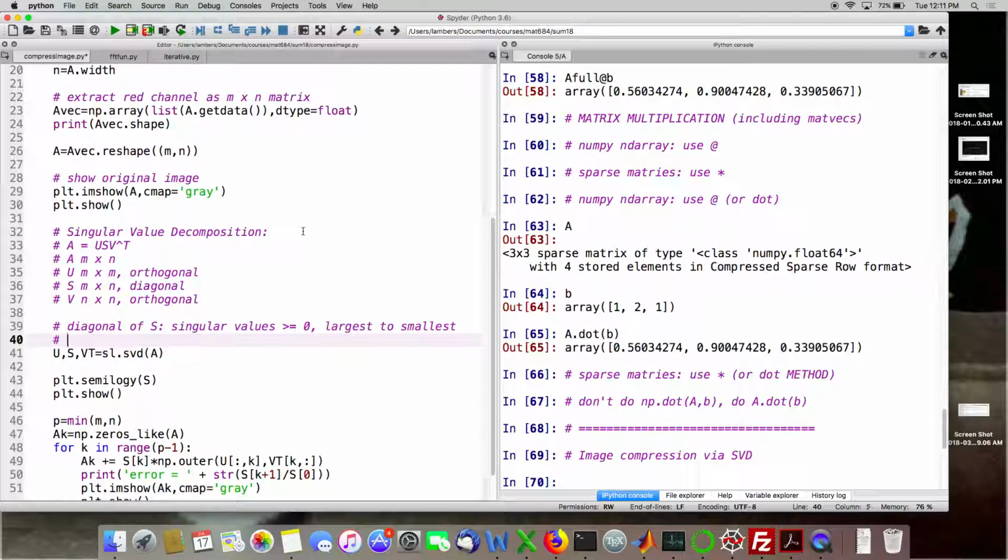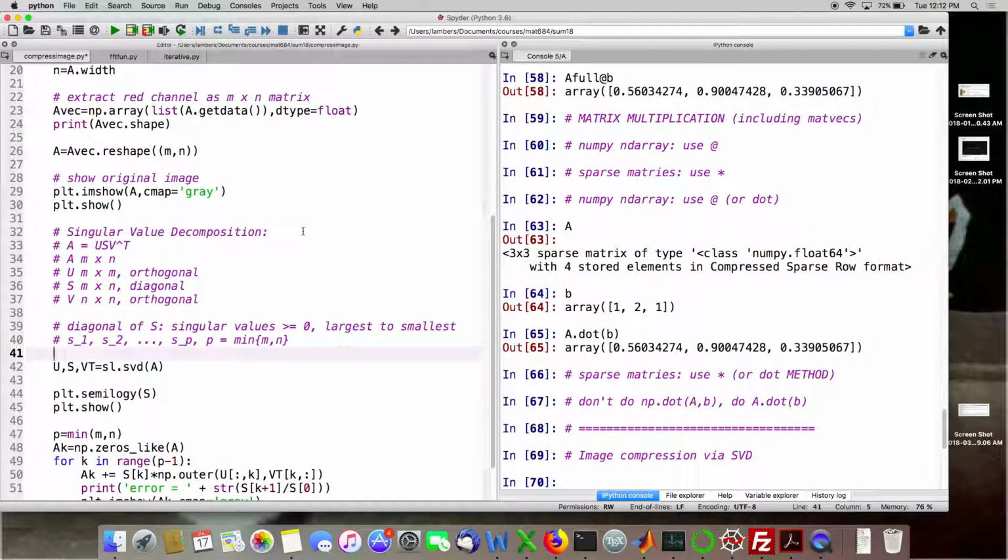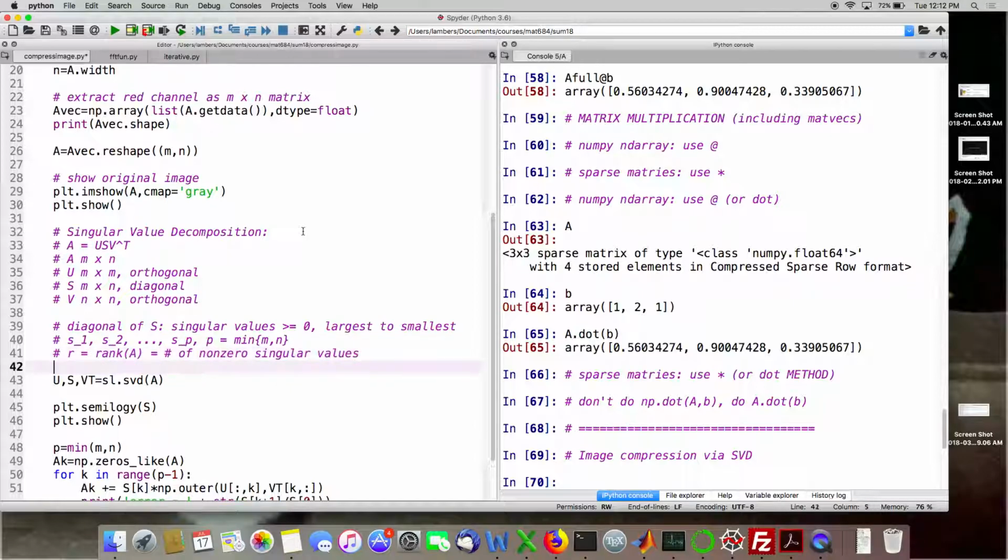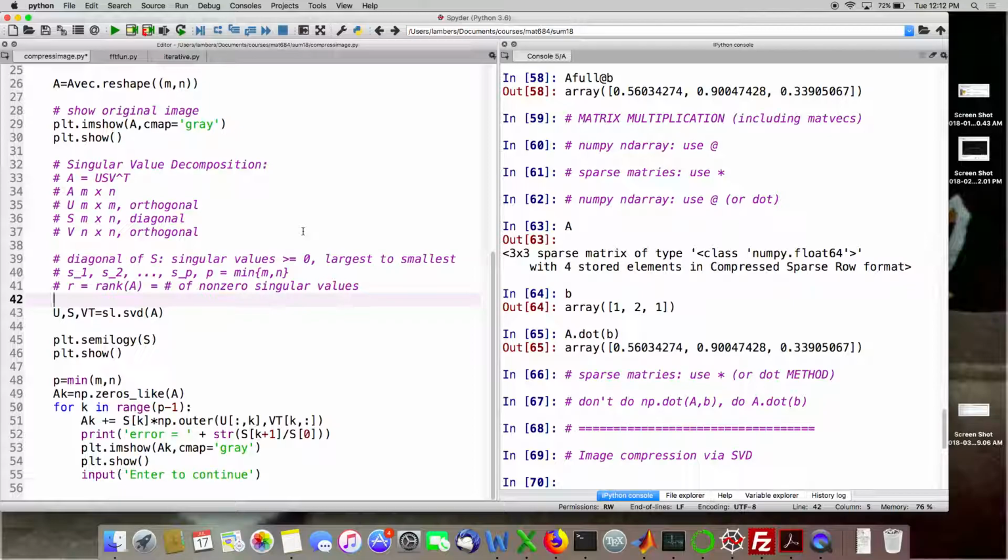I'll label these S1, S2, up to SP, where P is the minimum of M and N. R is the rank of A, that is the number of non-zero singular values. Although, due to round-off error, you may have a situation where a singular value is incredibly small, because it's really an approximation of a lower rank matrix.